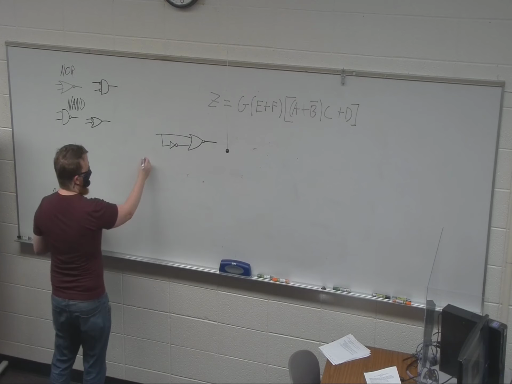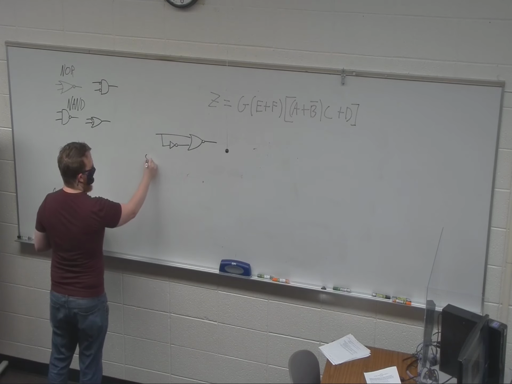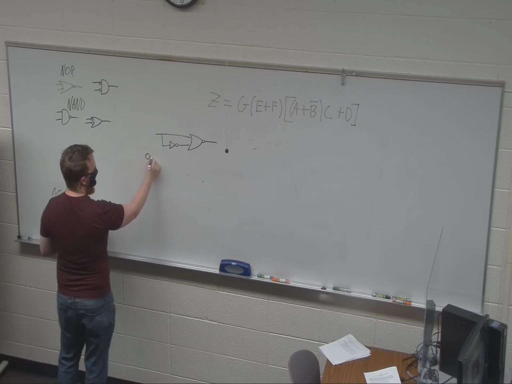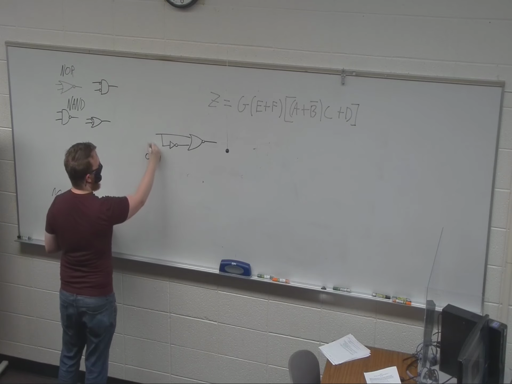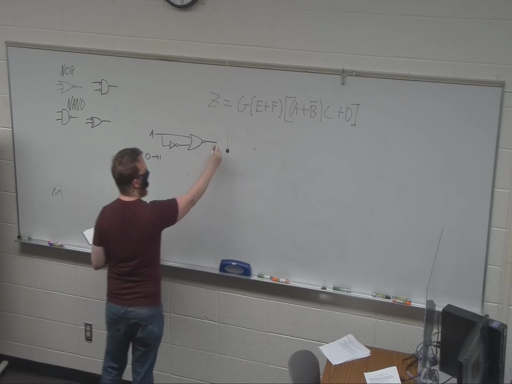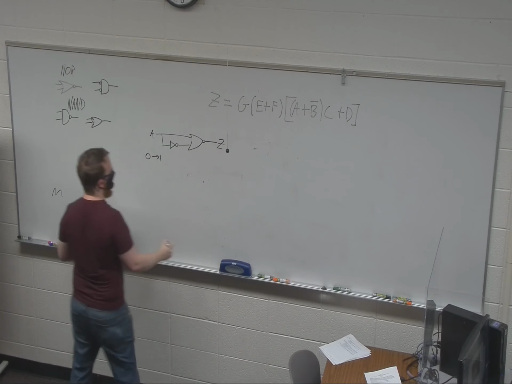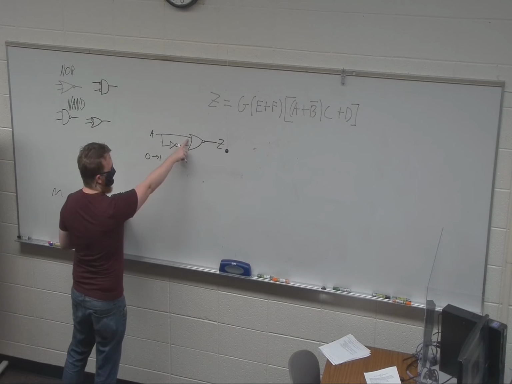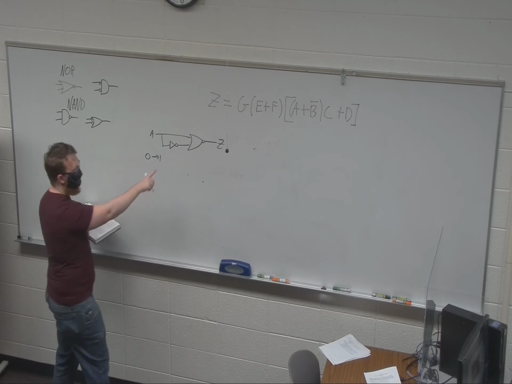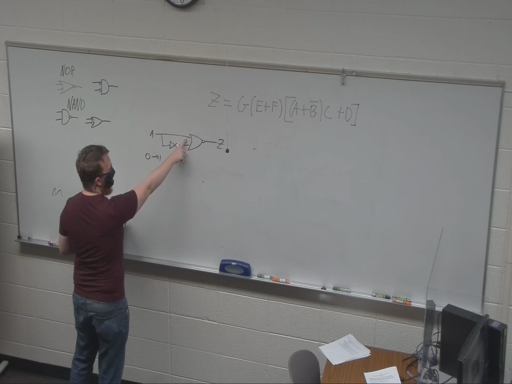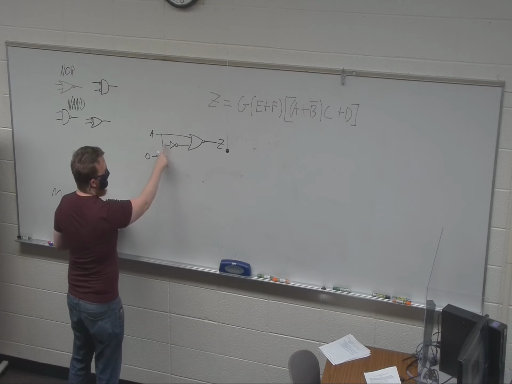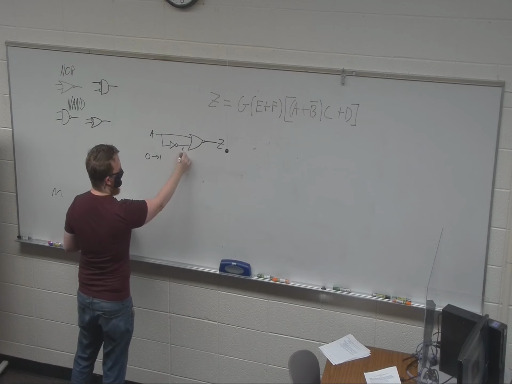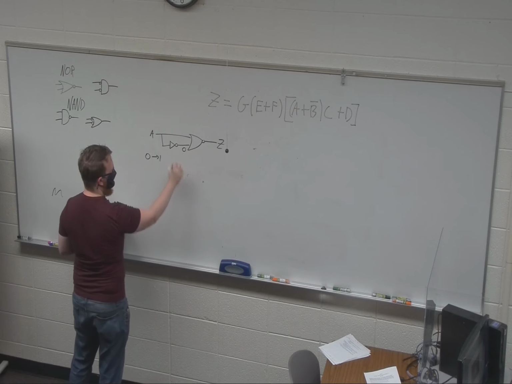So if it is currently 0, and then I change to 1, so I'm going from a 0 to 1 at A, what's going to happen is this 0 changes immediately, right? Because the A becomes a 1. And then the 1 goes through here, inverts, becomes a 0.